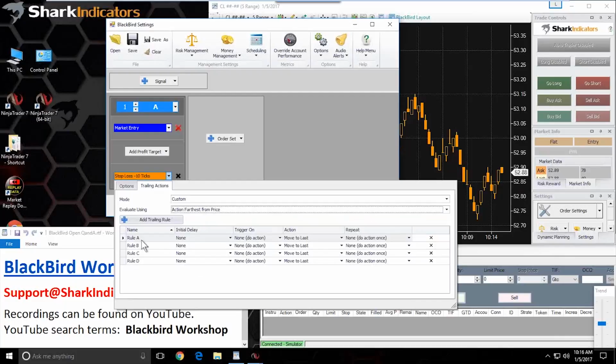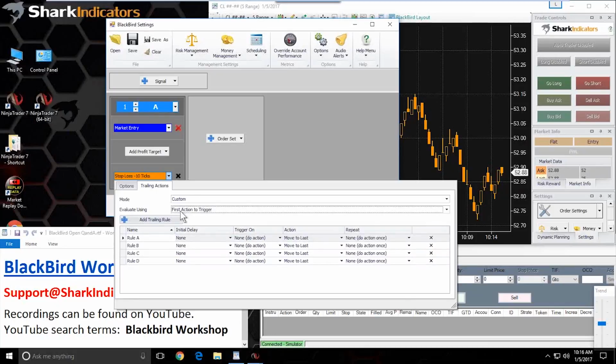Whichever one of these four trailing rules would keep the stop loss furthest away from price would be the trailing rule that has priority and gets executed.